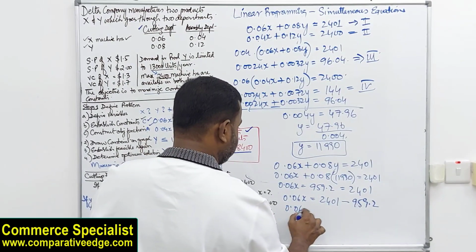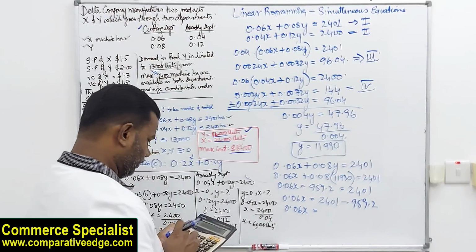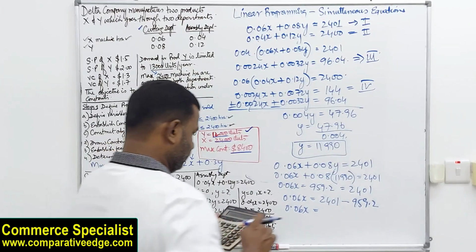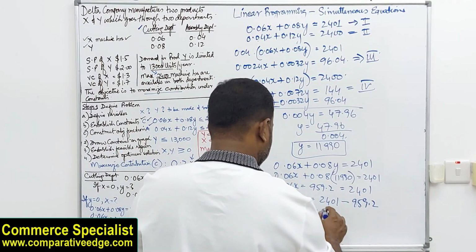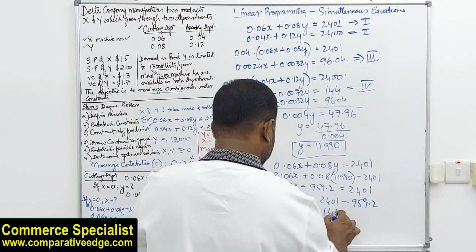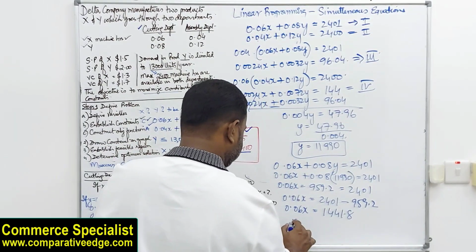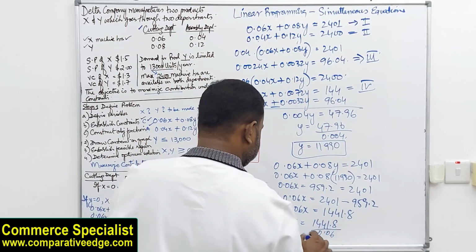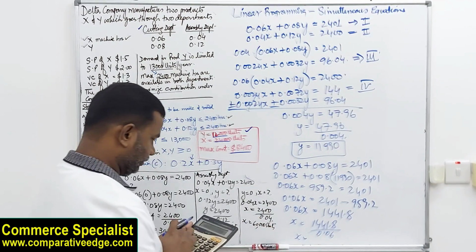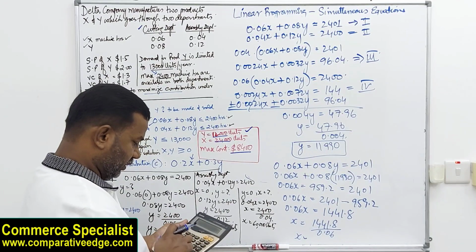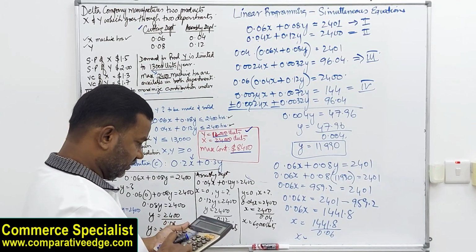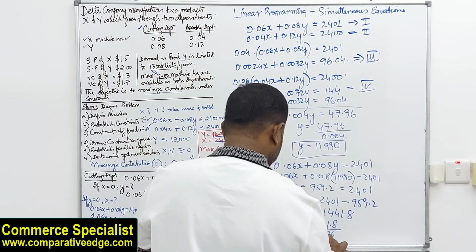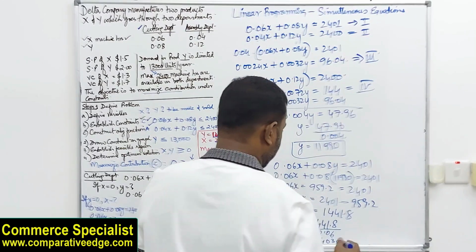So 0.06x equal to 2401 minus 959.2. This will give me 1441.8, and x will be 1441.8 divided by 0.06. X will be 24,030.